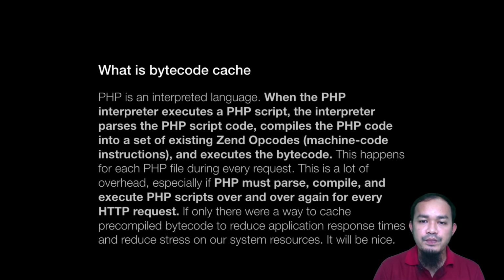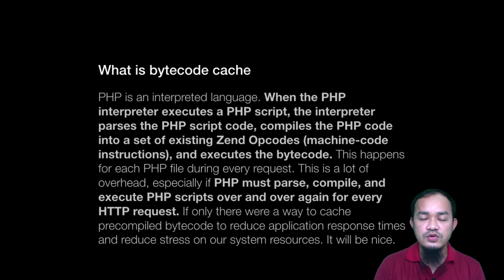When the PHP interpreter executes a PHP script, it will compile it to what we call machine code instructions, that we call bytecode. So the problem is PHP must parse, compile, and execute the PHP script over and over again for every HTTP request.